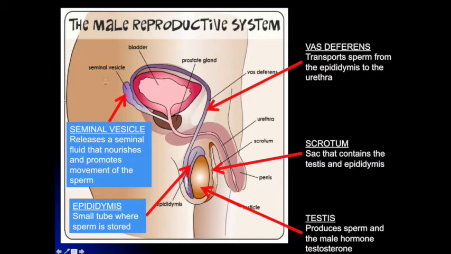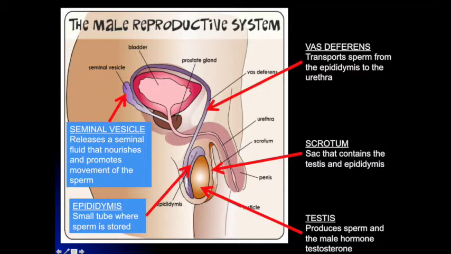And over here is the seminal vesicle, and it's very important because it releases your semen, the seminal fluid that nourishes and promotes the movement of the sperm. Remember, the sperm has to swim and it cannot swim on dry land. So it needs liquid to be able to move about.